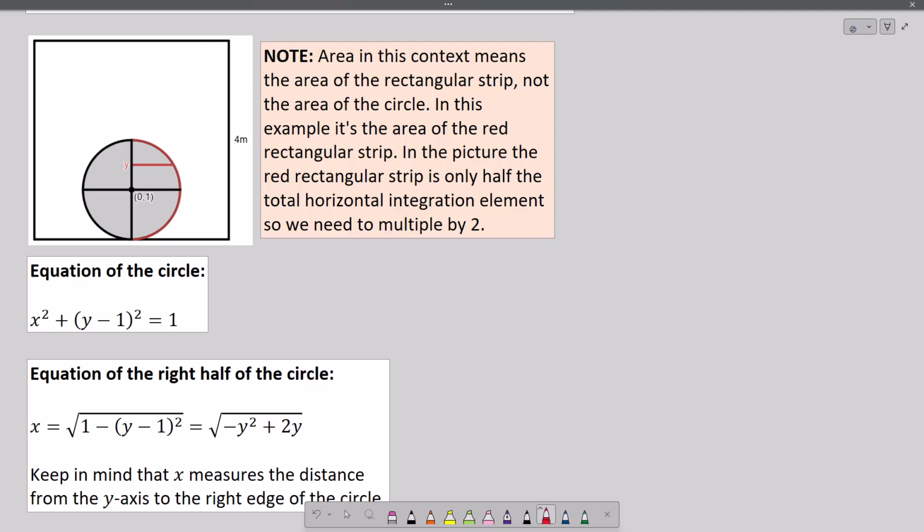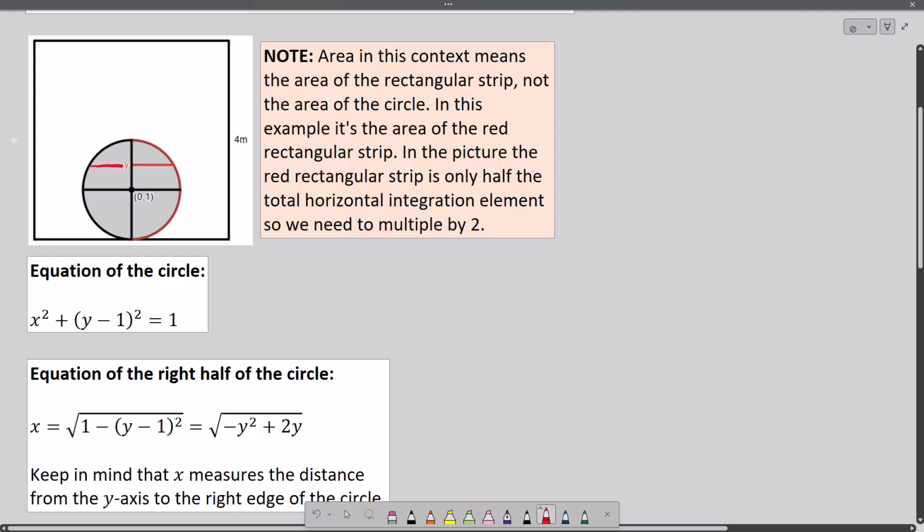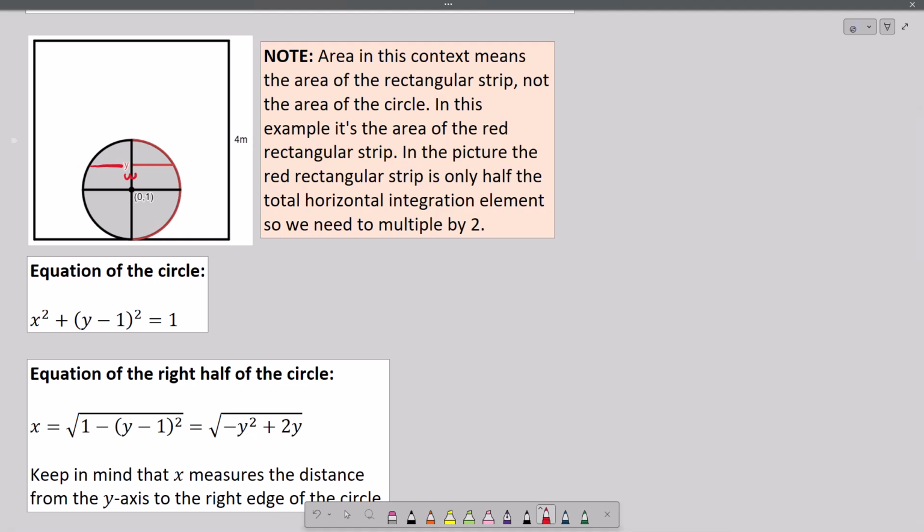So this horizontal strip does go all the way across, and we're going to have to find W. But if we find the equation of the full circle and isolate x, we'd have a plus or minus a square root. The positive square root would be the right edge. The negative square root would be the left edge. We could just take the positive square root and double it to get the full horizontal width of that strip.